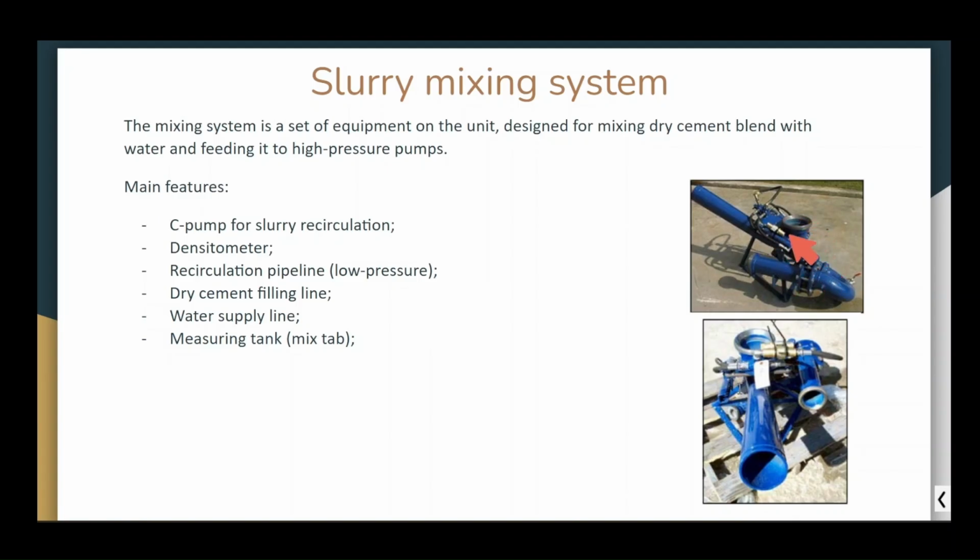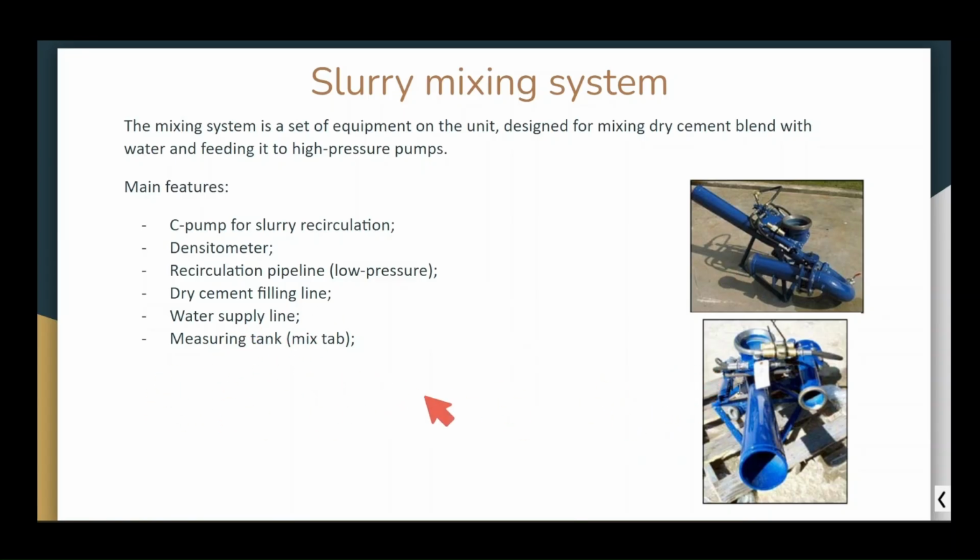This knife gate valve, hydraulically driven, regulates the dry cement supply from storage to the can. The water supply line has a special hole for the water hose. The low pressure hose is fed by a centrifugal pump to mix slurry.